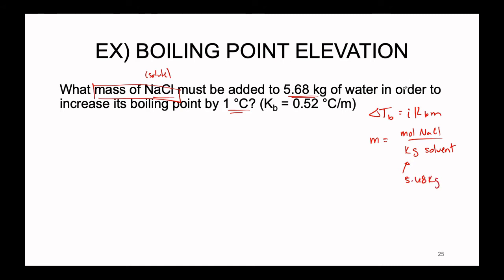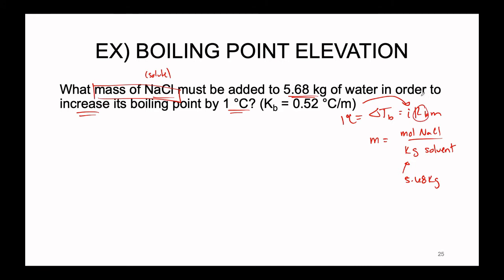We are also told what the boiling point elevation is. We are increasing the boiling point by 1 degree Celsius, which means we are going to be elevating it by 1 degree Celsius, so this is equal to our delta T_b. We are also, last but not least, told what our K_b is. We're going to plug that into the right-hand side of our equation right here.